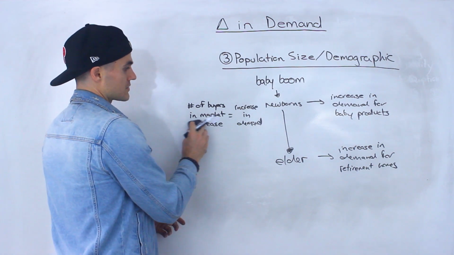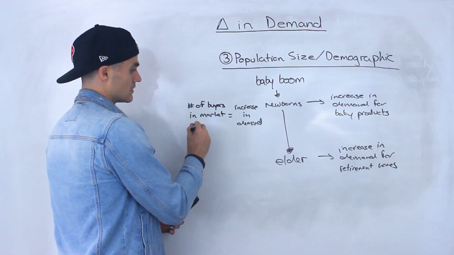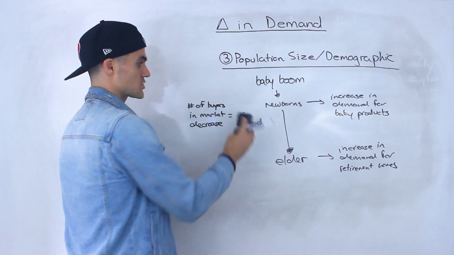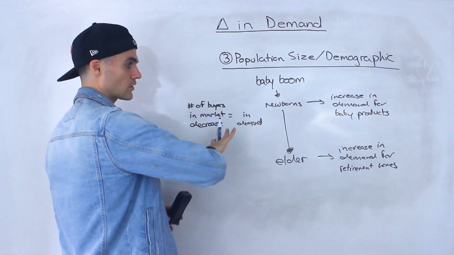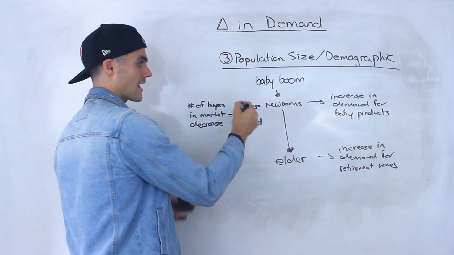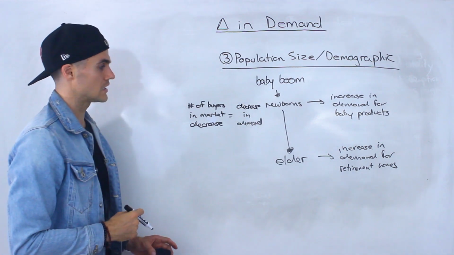Or if the number of buyers in a market decrease, then there's going to be a decrease in demand, which is going to shift the curve to the left. An increase in the curve shifts it to the right. A decrease is going to shift that entire demand curve to the left.